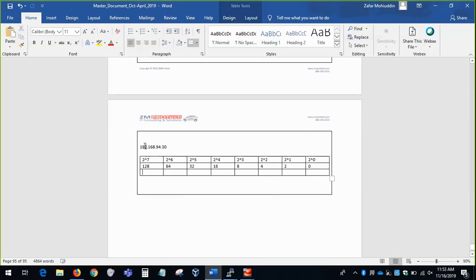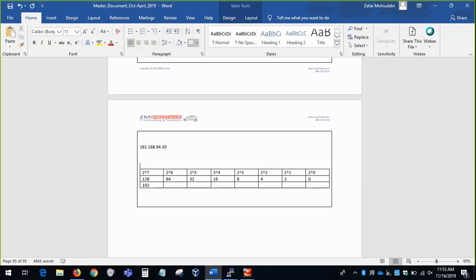So we're going to take 192. We're going to do some math here. We're worried about 192, so we're going to do 192 minus 128. What is left?